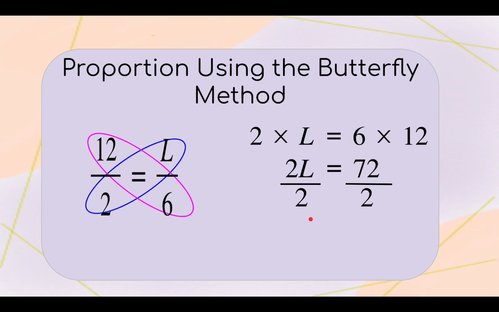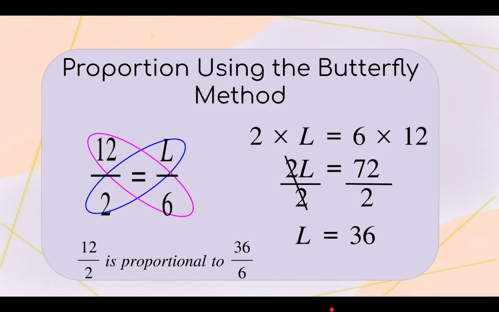When I divide both sides by 2, this 2 cancels out, because 2 divided by 2 would just give me 1. So now I'm left with 1L, or I can just say L. So L equals 36, because 2 can go into 72 36 times. Therefore, 12 divided by 2 is proportional to 36 divided by 6.